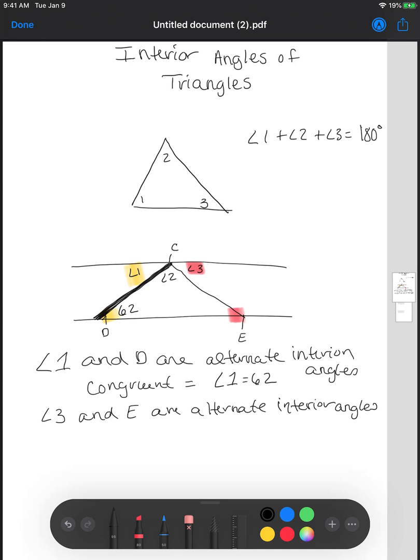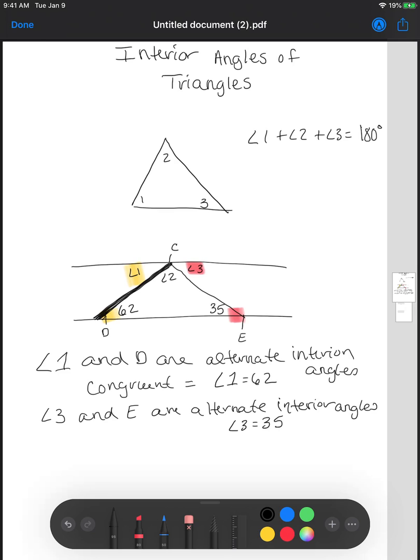So if angle E is 35, angle 3 is also going to be 35. Okay? So then all that's left is angle 2.